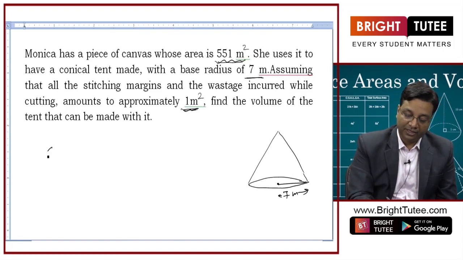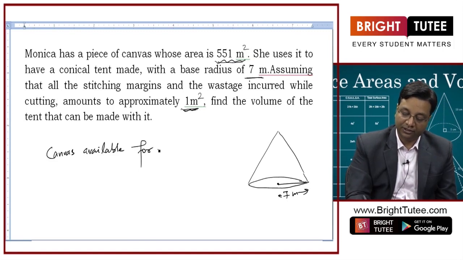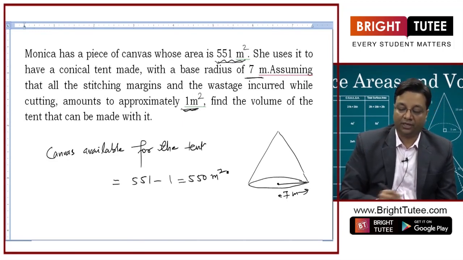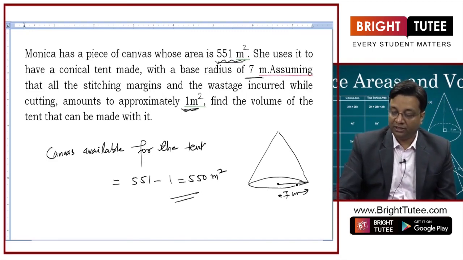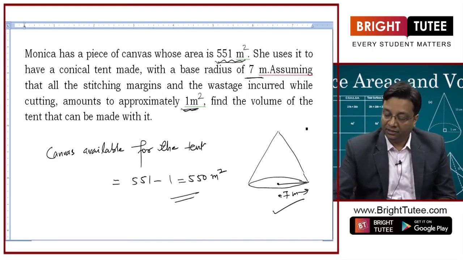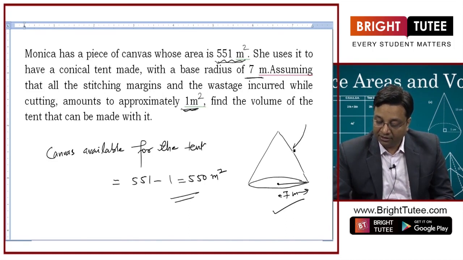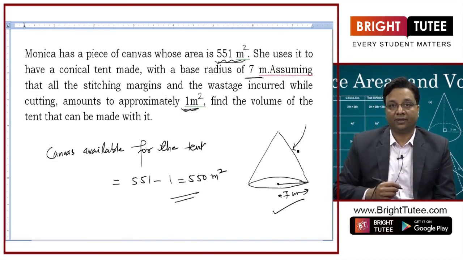So, canvas available for the tent is equal to 551 minus the wastage, that is 550 meter square. And if you look at this conical tent, you see that we only require this curved surface area, right.